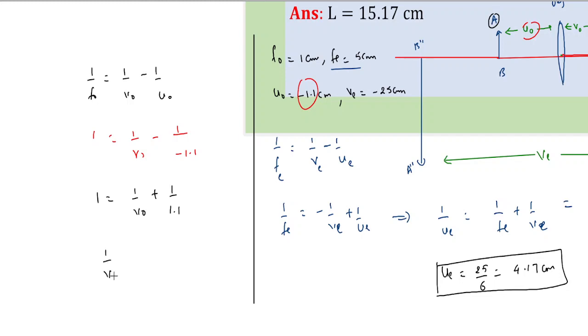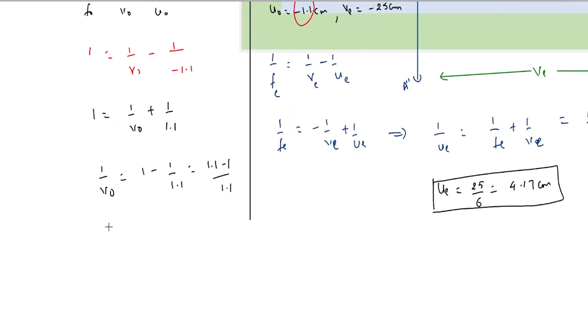So 1 by V naught is 1 minus 1 by 1.1. That will be 1.1 minus 1 by 1.1. So V naught is 1.1 by 0.1, because 1.1 minus 1 is 0.1. And this is equal to 11 centimeter.